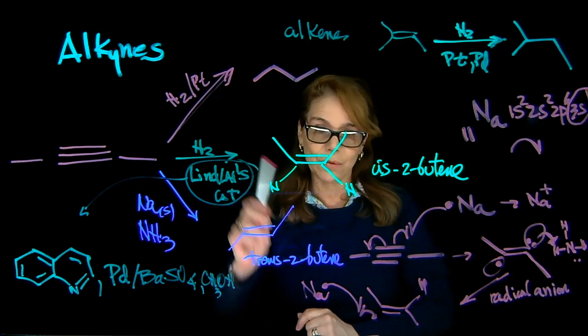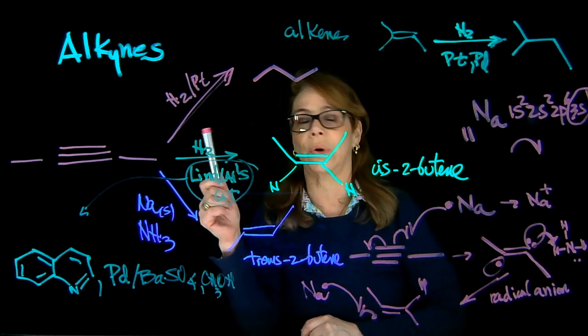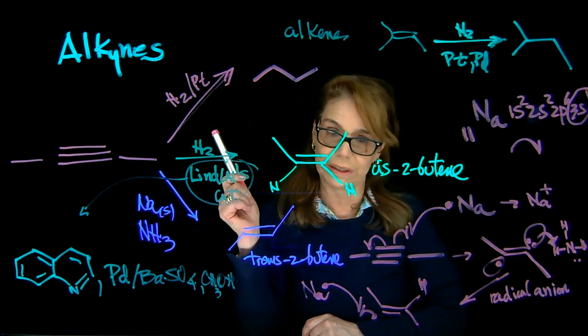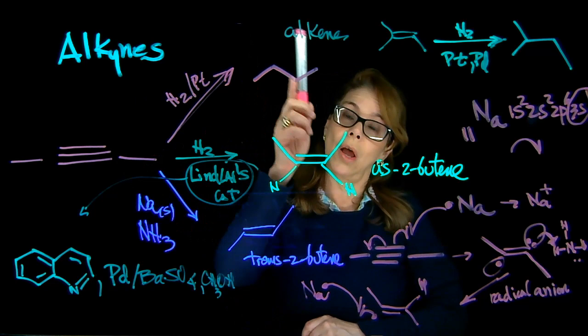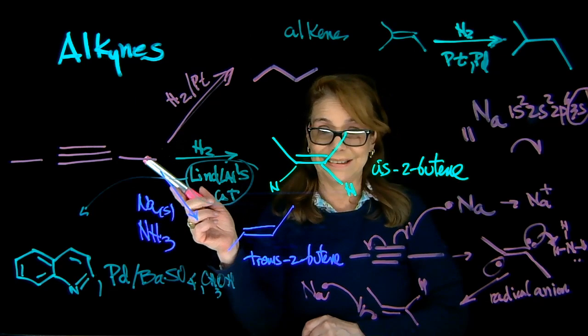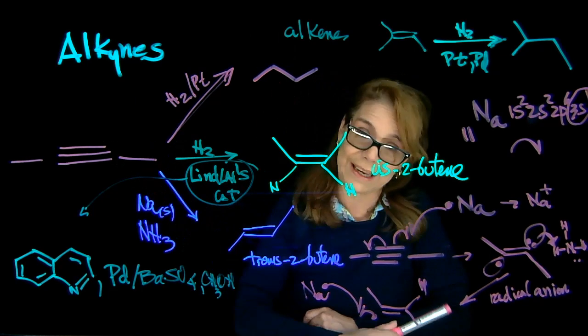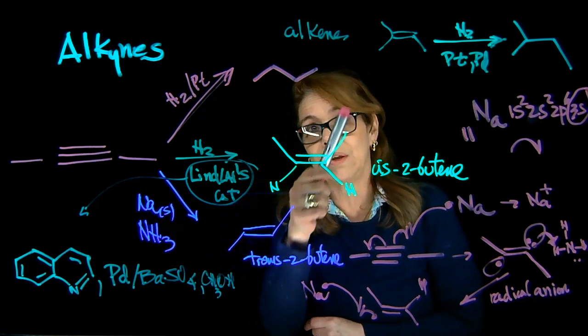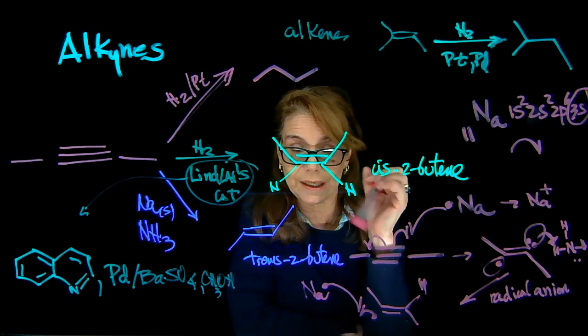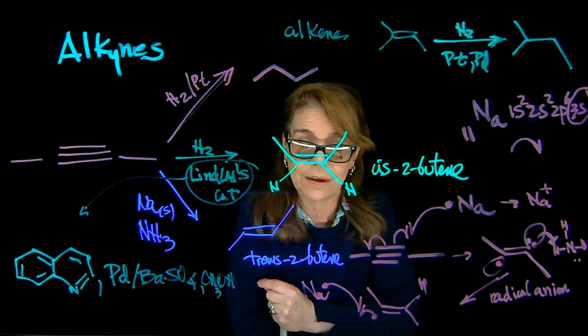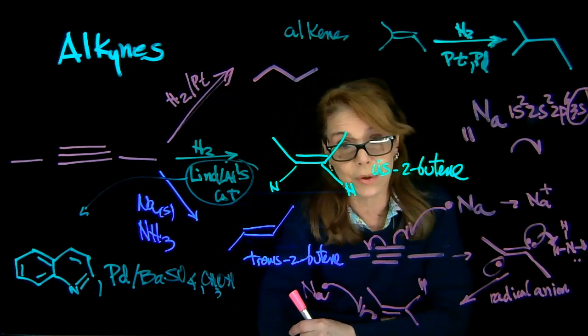So summarizing, we have 3 methods when we are doing hydrogenation of alkynes. If we use hydrogen with platinum or palladium, we will not stop at the alkene. It will continue to the alkane, and what we get in this example is butane. But if we want to get the alkene, we have 2 methods, and what you use will depend on what you want to get.